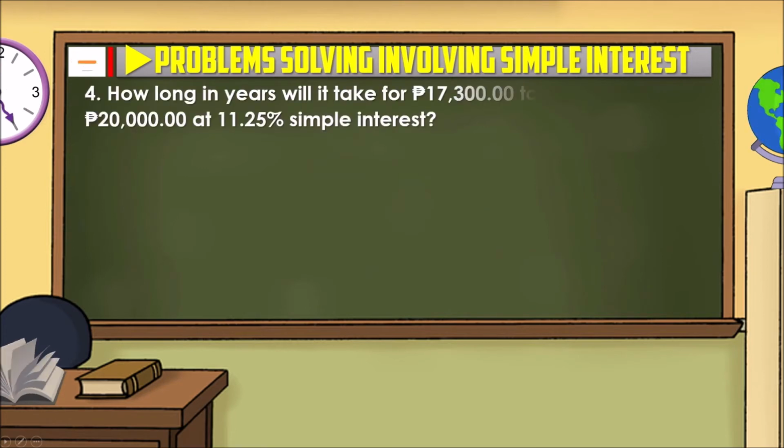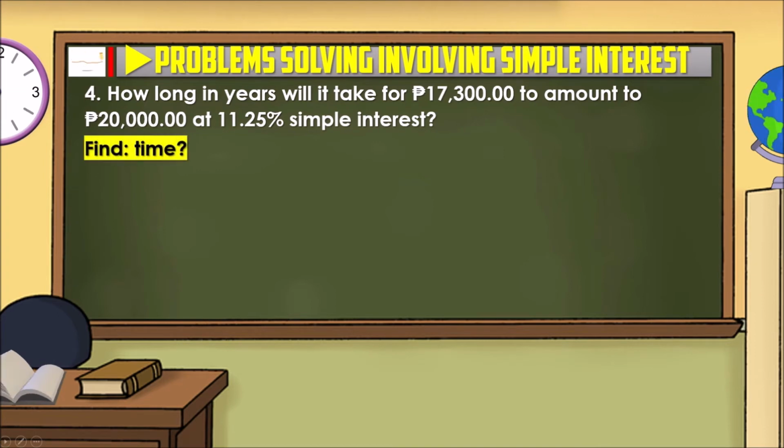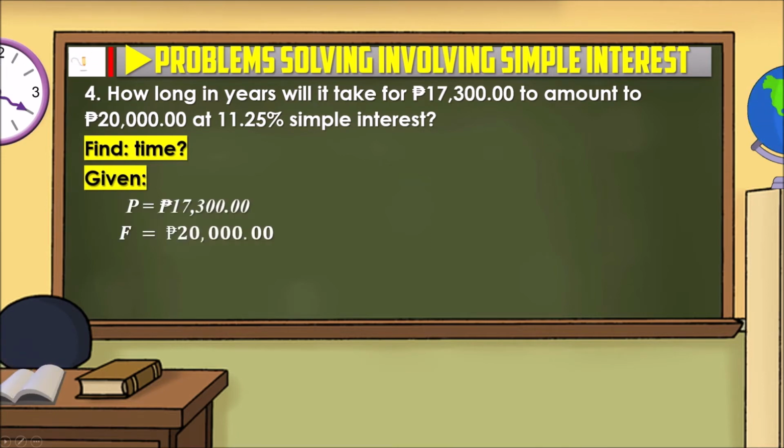Number 4. How long in years will it take for 17,300 pesos to amount to 20,000 pesos at 11.25% simple interest? In this example, we need to find the time. Given are the following: we have the principal value, the future value, and its rate. That is converted into decimal.